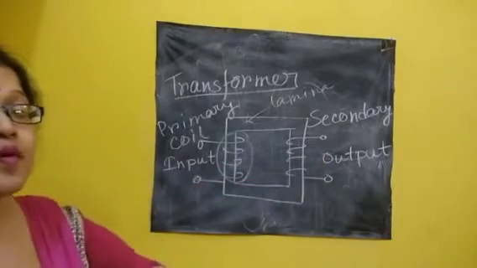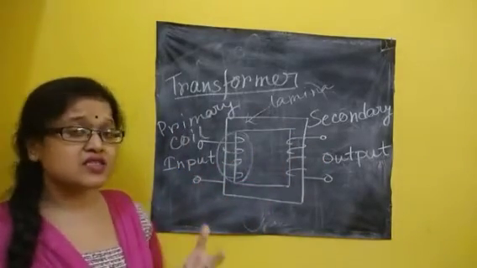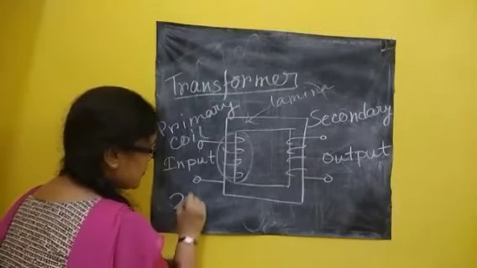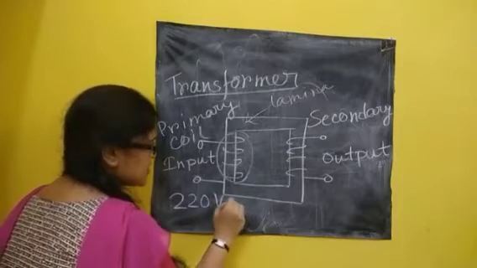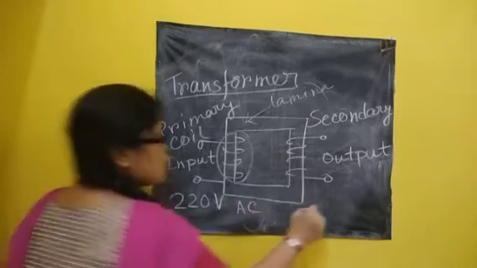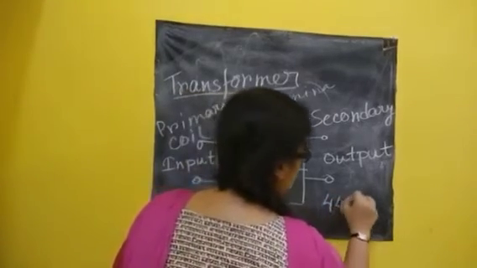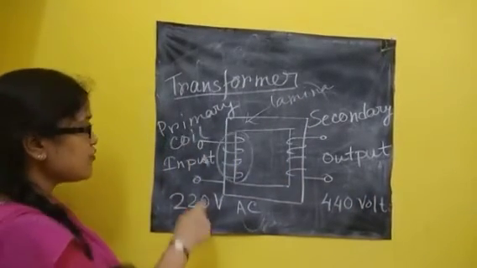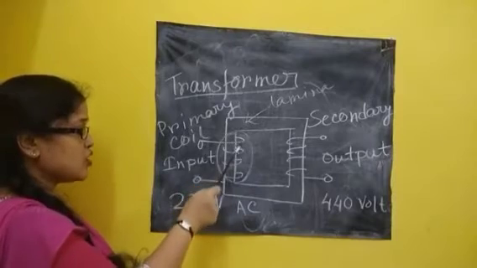Now you can ask me, why do we use that? Suppose I have 220 volt AC and I need 440 volt. What will be done? Look at the number of turns: 1, 2, 3, 4.